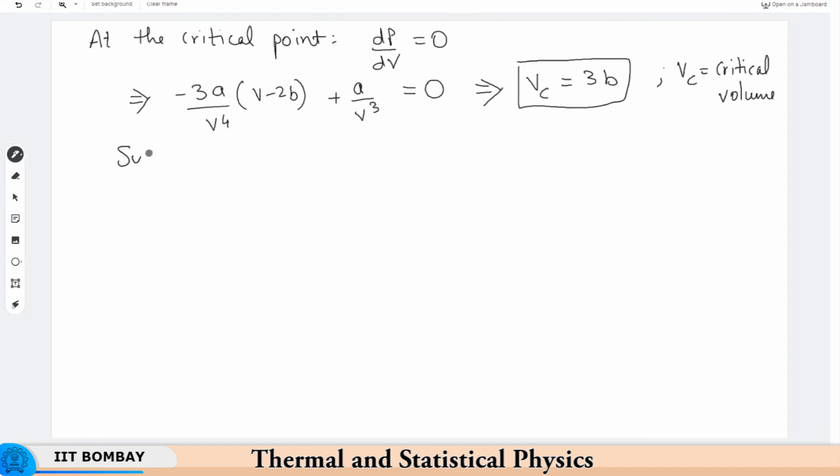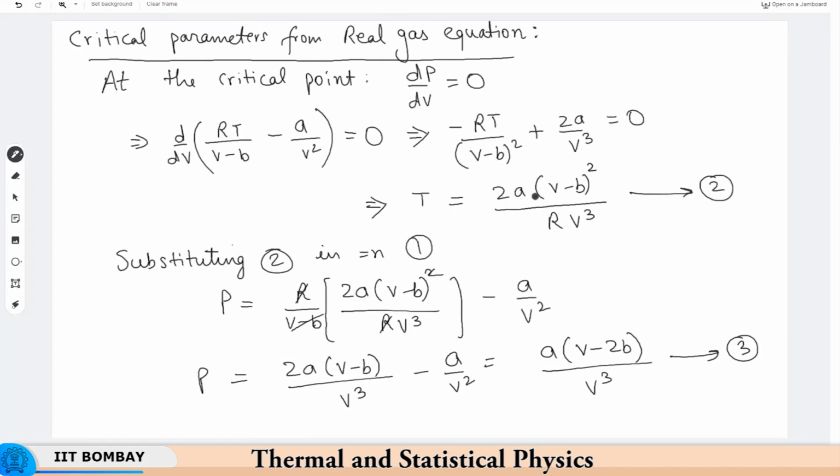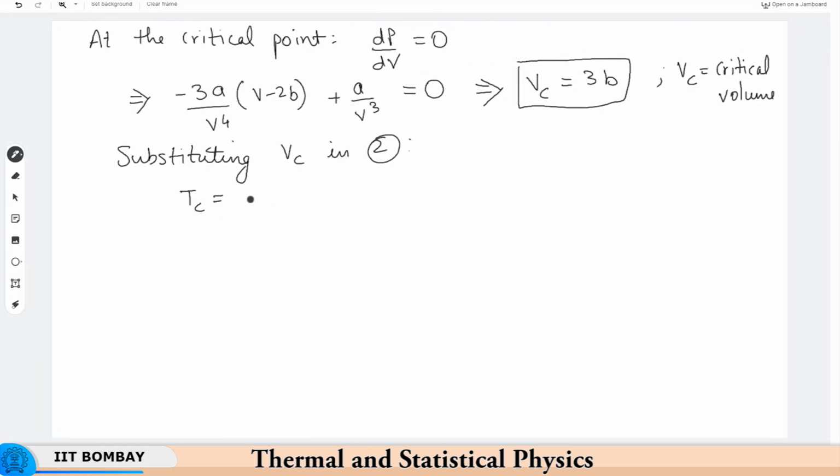So substituting Vc in 2, you can readily check that the critical temperature becomes 2A times (2B) squared divided by 27B cubed R, right?